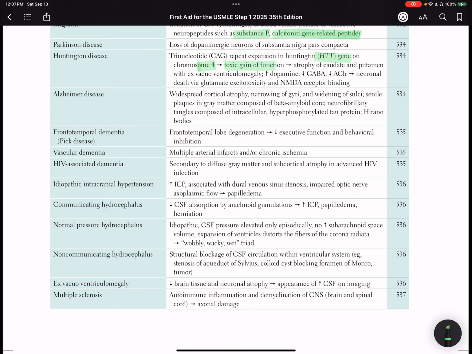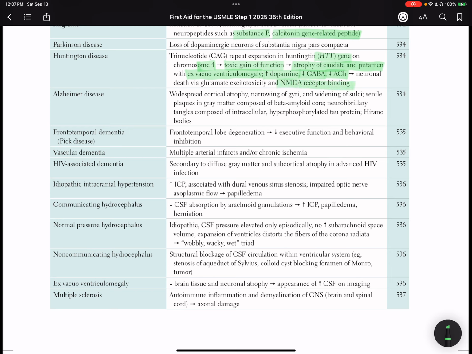Toxic gain of function leads to atrophy of the caudate and putamen with ex vacuo ventriculomegaly, increased dopamine and decreased GABA, decreased acetylcholine, leading to neuronal death via glutamate excitotoxicity and NMDA receptor binding.